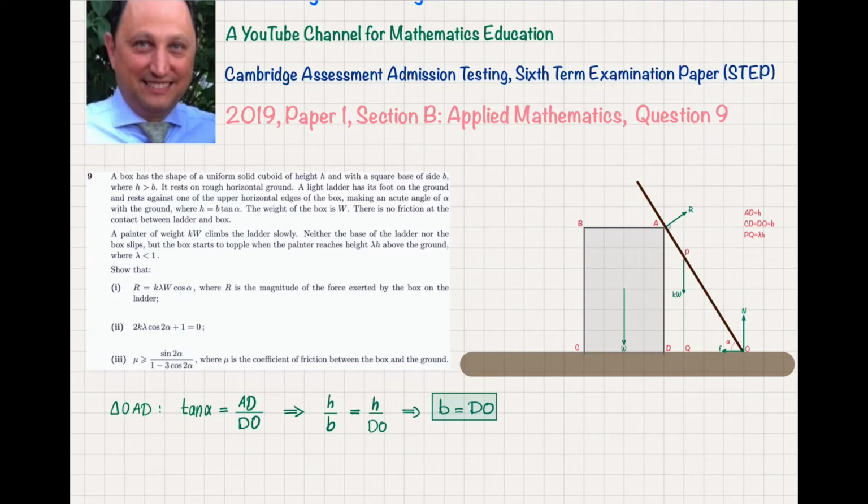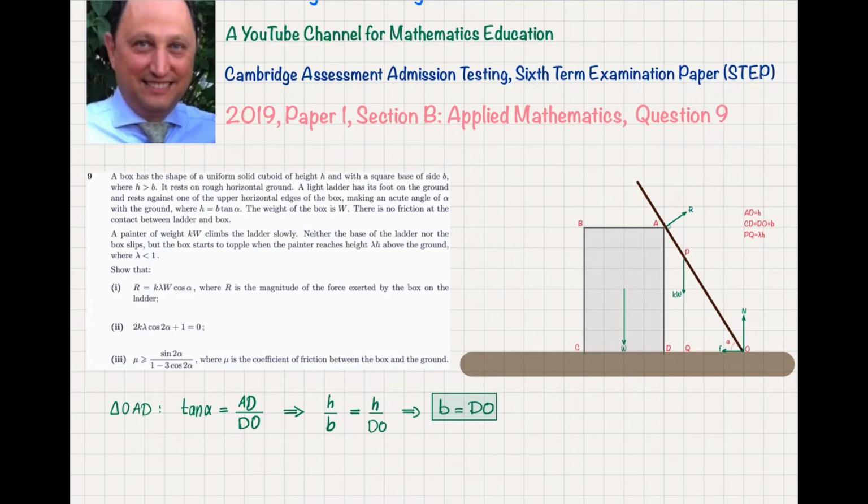Now because it has been mentioned that the ladder is light, it means that I don't need to consider the weight of the ladder. Assume that the ladder is weightless. My strategy to solve the first part of this problem is to look at the equilibrium conditions on the ladder.